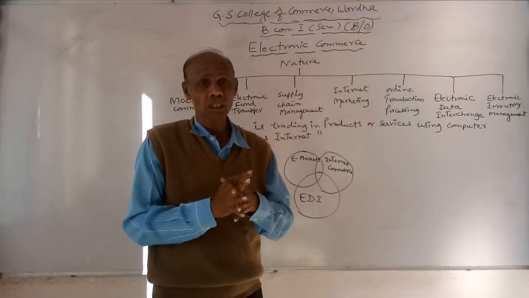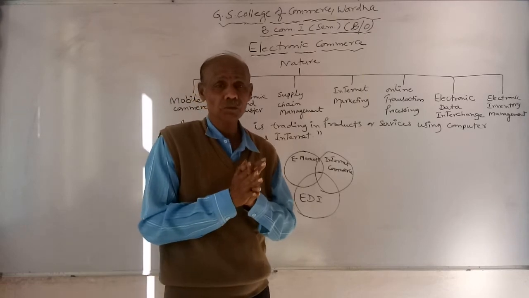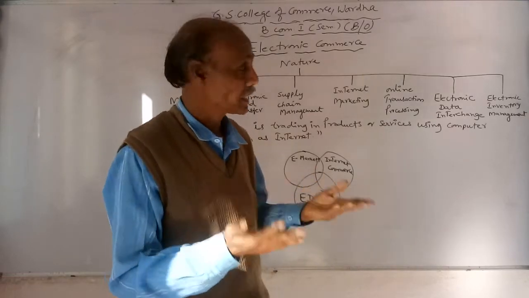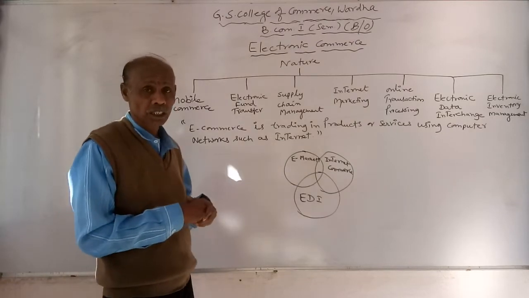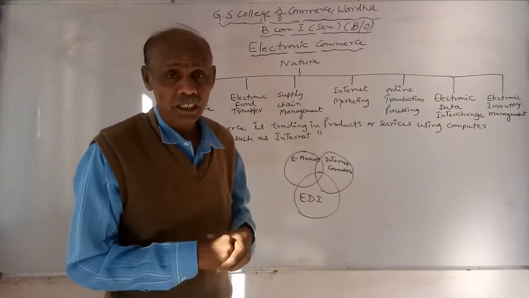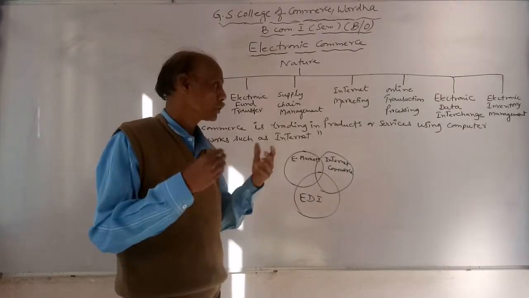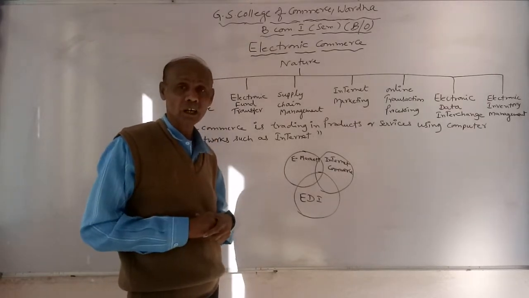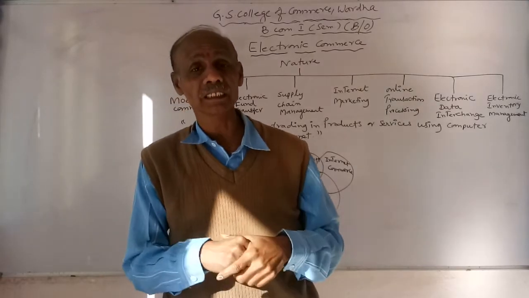For example, we want a product. When we want a product, generally we look for information: where it is available, who is going to sell or manufacture the product, how we can purchase it, how to use that product, what the quantity is, how much the price is, and so on.